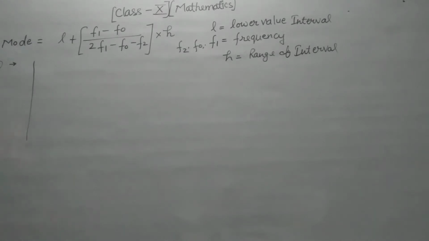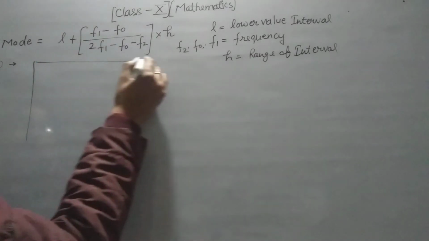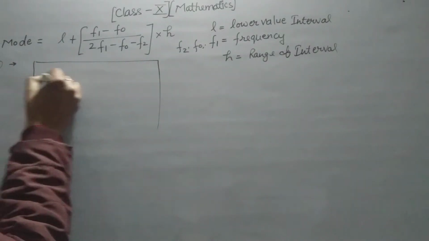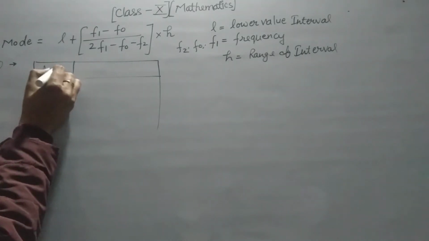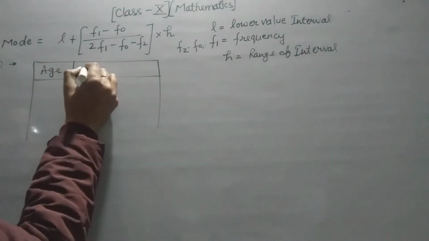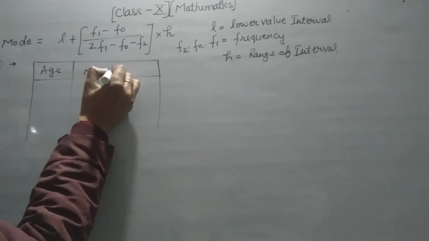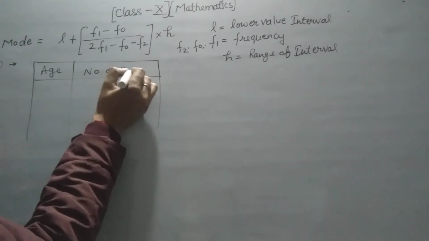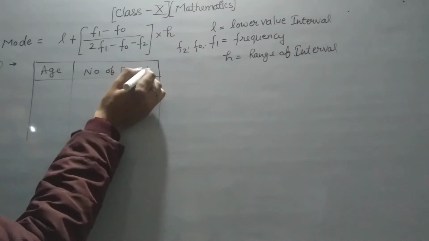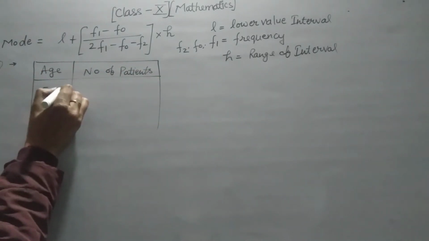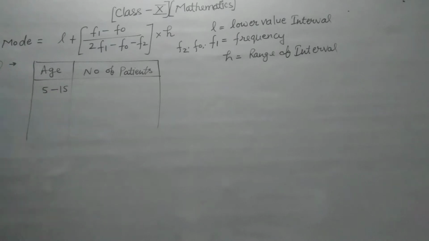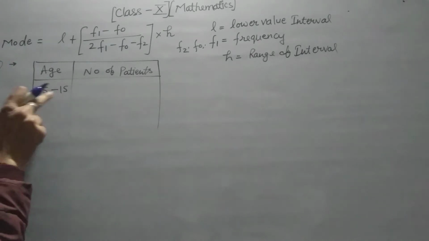So you have to write all the ages, and then the number of patients. The first interval is 5 to 15.